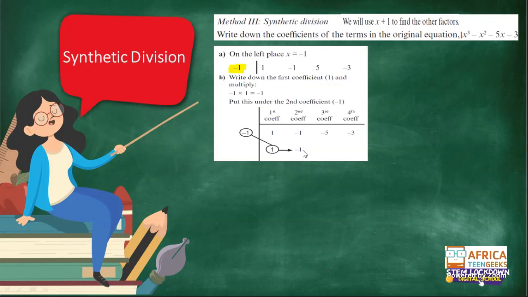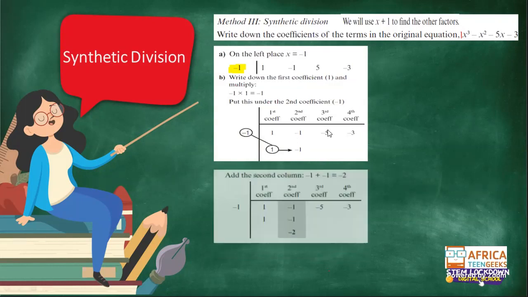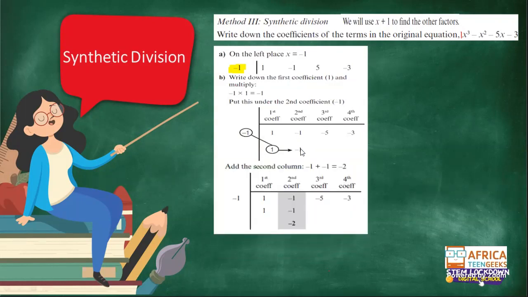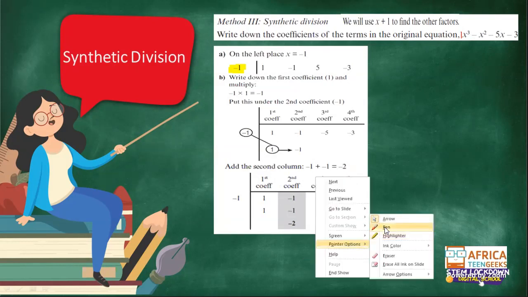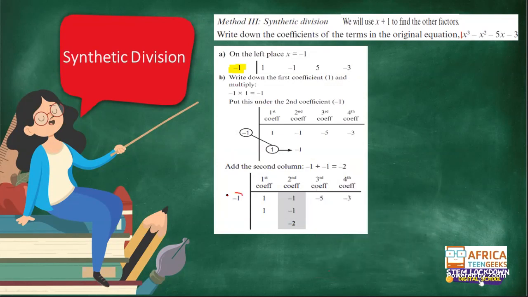Then you write it under your second coefficient. Then you add these two coefficients. So -1 plus -1, it's -2. Okay. And then you do the same thing again. Now, in this case, you multiply your -1 and your -2.